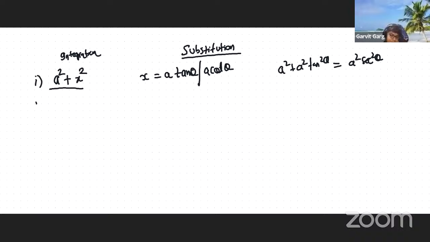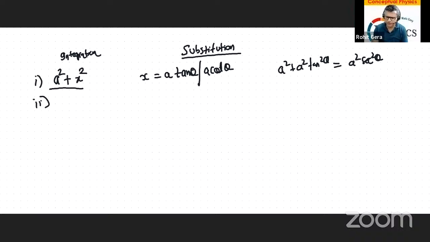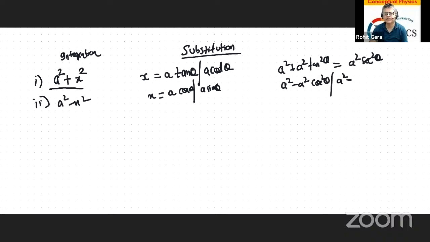The second you can use is a square minus x square, where x is equal to a cos theta or a sin theta. So this becomes a square minus a square cos square theta or a square minus a square sin square theta. Then you can also have x square minus a square.